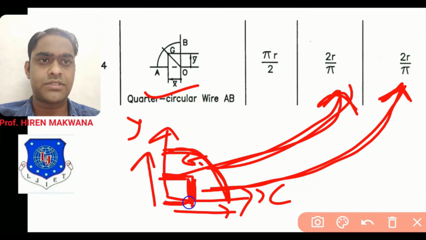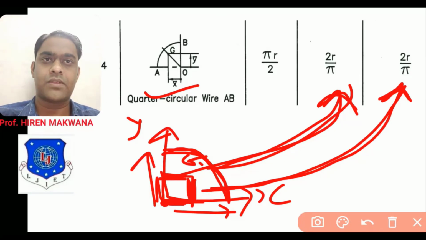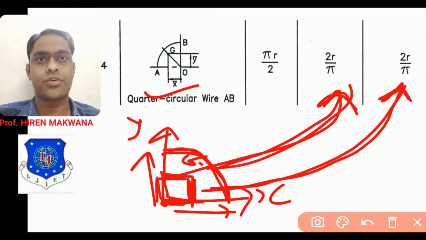You have to take the distance from the origin to the horizontal side as 2r by pi and from the origin to the vertical side also 2r by pi. Okay, like that. You will be clear about these distances by practice only. So just do the practice, check your textbook also, you will get the same formula. So these four parts are important for us.